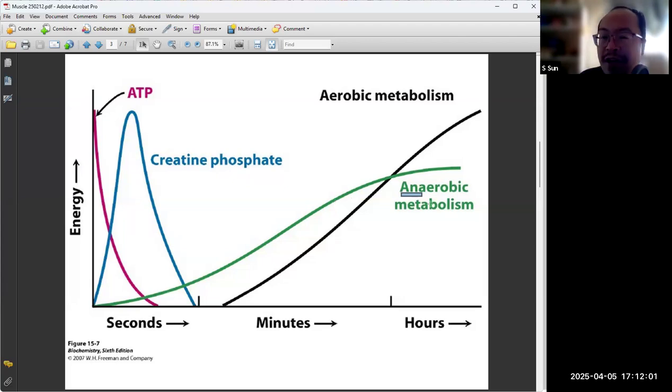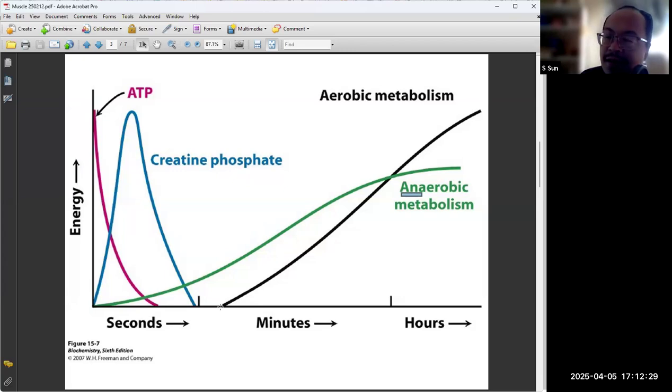But this is not very effective, and this will also generate some lactic acid. And so it's not the optimal way to generate the ATP from the fuel. But because in the very beginning of your exercise, your heart doesn't really pump that fast yet. So the oxygen supply is limited.